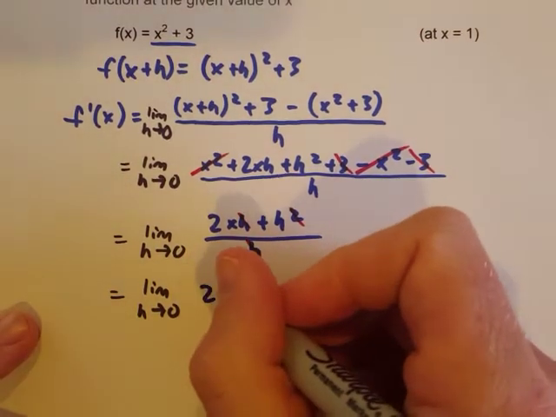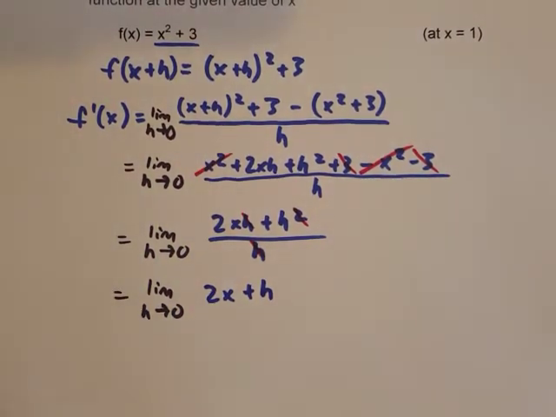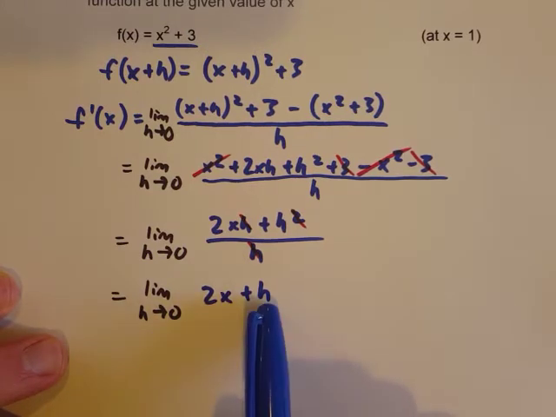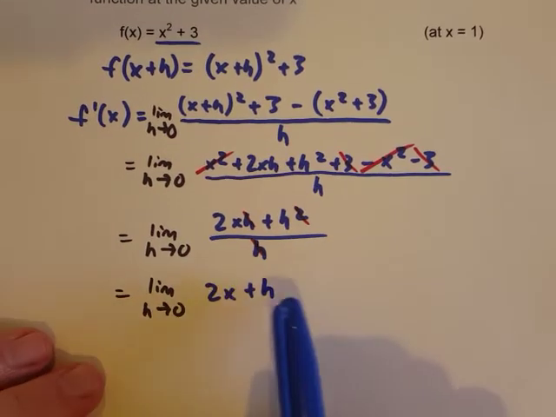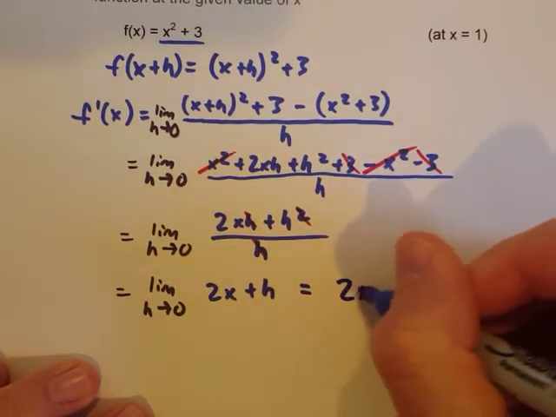It's just going to be 2x plus h. Now I don't have the divide by h going on here, and that's a good thing because at this point, all I need to do then is plug the 0 in for h. If h is 0, then this whole thing is just equal to 2x.